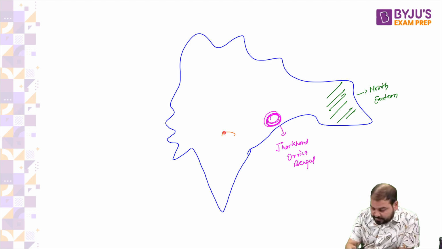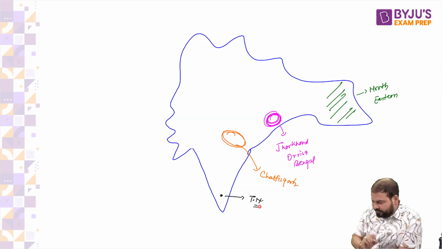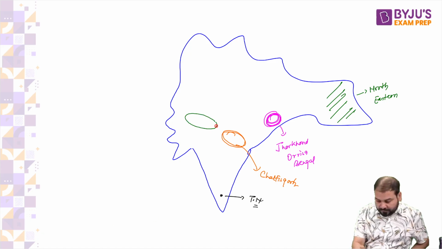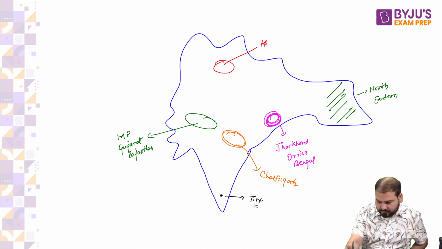The third tribal belt is here. That's your Chhattisgarh. Fourth is a very small belt here in Tamil Nadu. Fifth is this MP, Gujarat, Rajasthan. Sixth is Himachal Pradesh and Jammu Kashmir.